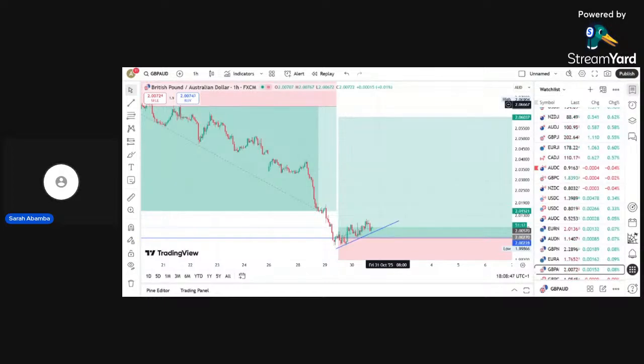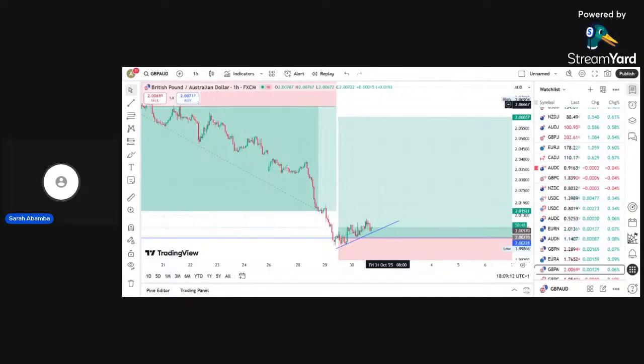You can make money just trading support and resistance. You can make money just trading trend lines, using your trend line very well. So you don't have to know all the strategies in the market to make money.